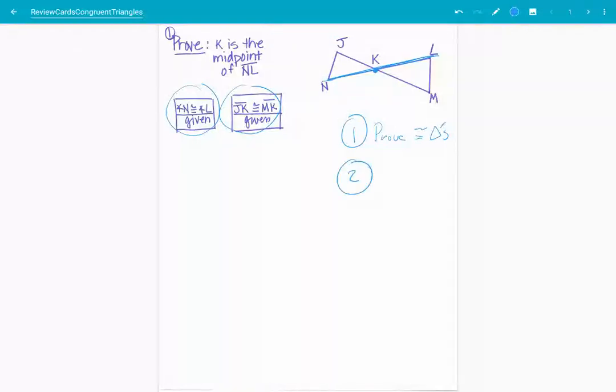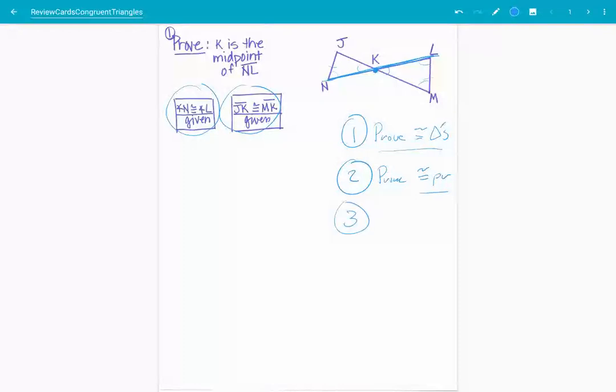The second kind is prove a congruent pair, where if the proof statement is something like prove angle A is congruent to angle B, then that's the second kind, and that's where you would find the triangles congruent first, and then you use the corresponding parts statement to go one step past that to prove, and you just choose a piece of the triangle, like some angles or maybe a side or something like that.